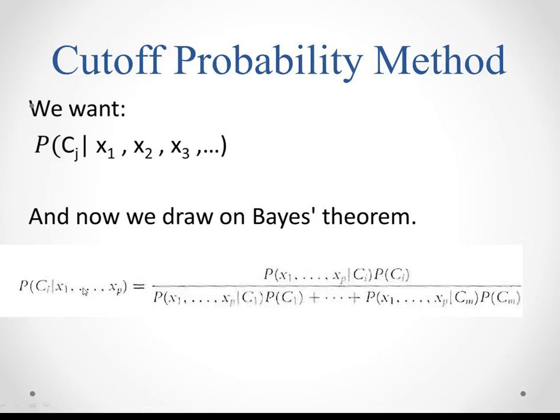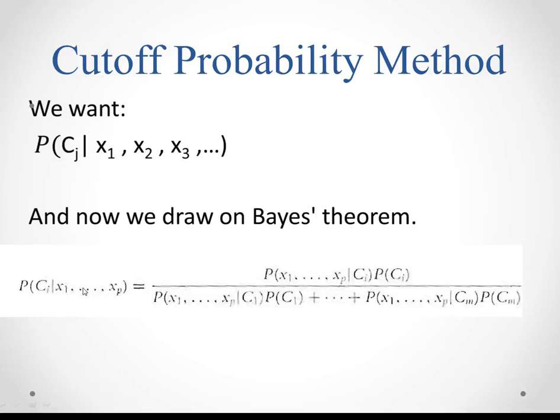Why? Because what we have is the probability of C1, for example, given X. Let's say X1, X2, let's just use 3. X1 is what? Humidity, X1 stands for humidity. X2 stands for windy. X3 stands for, what was another one?